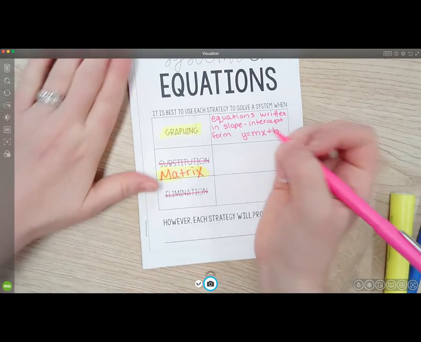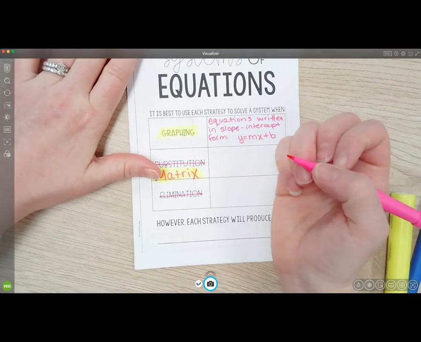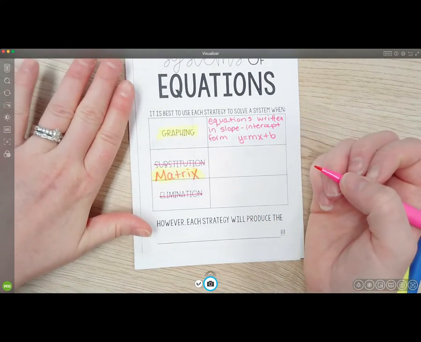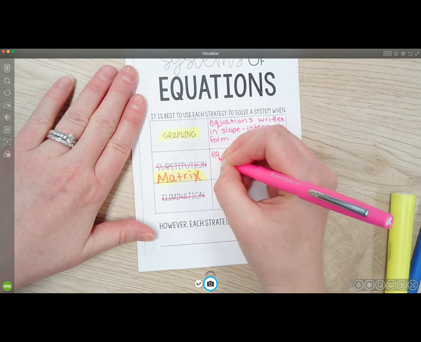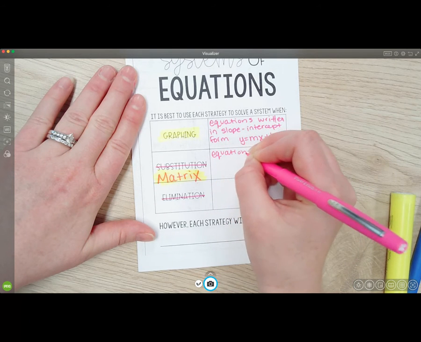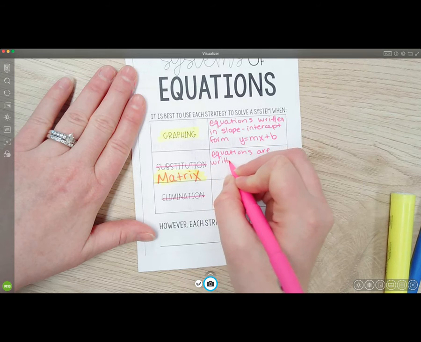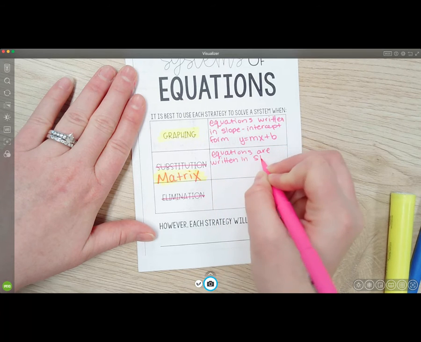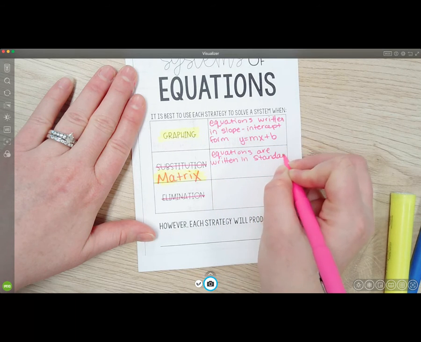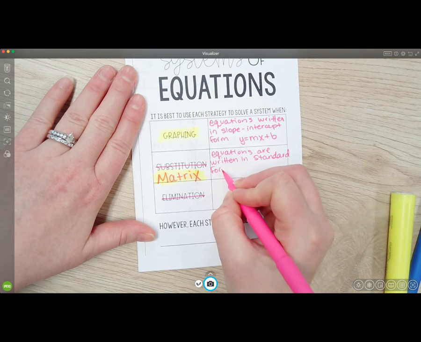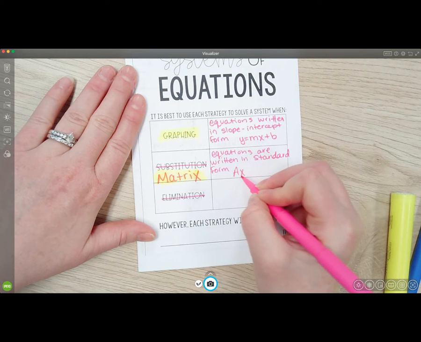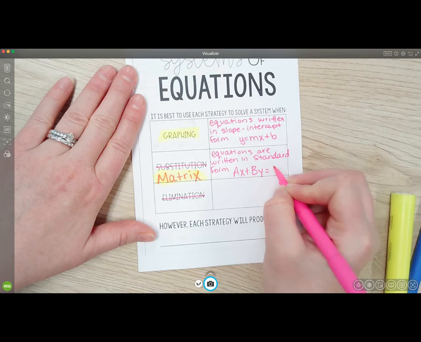And the way you solve by matrix is whenever your equations are written in standard form. So remember, standard form is where it's ax plus by equals c.